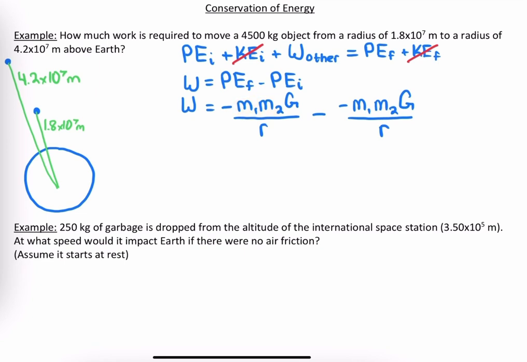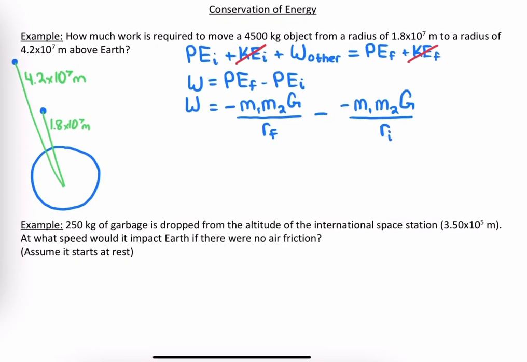But what's changing from the beginning of the problem to the end of the problem is the radius. So this r down here is different from this r here. So I should probably label them differently. Since this r is the r for calculating the final potential energy, I'll call that r final, and the other r will be r initial.